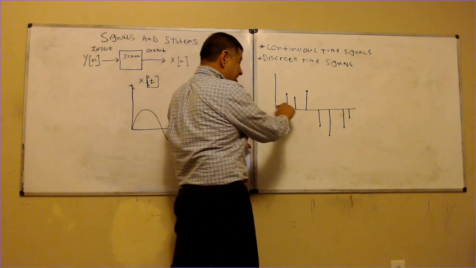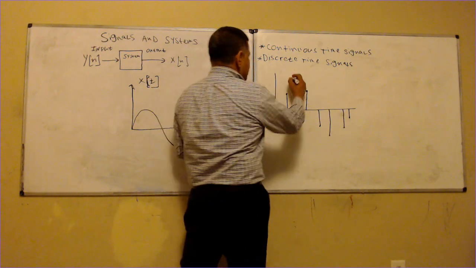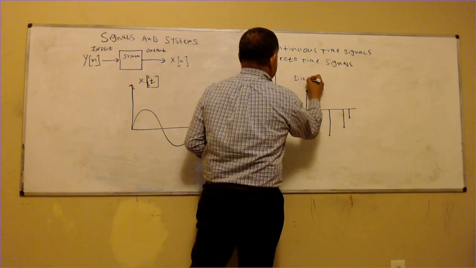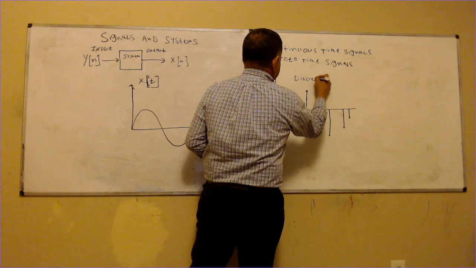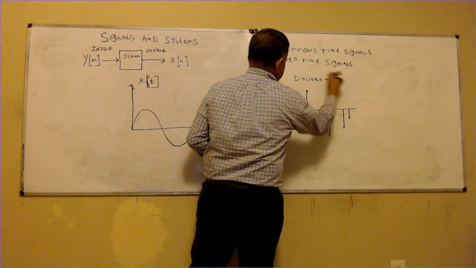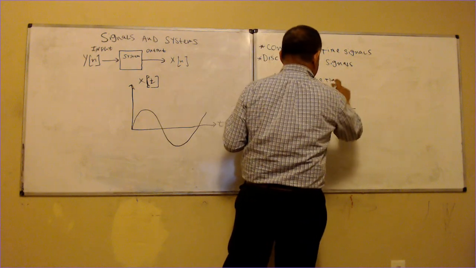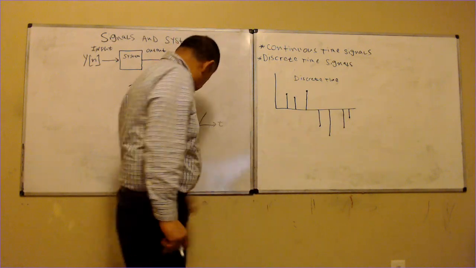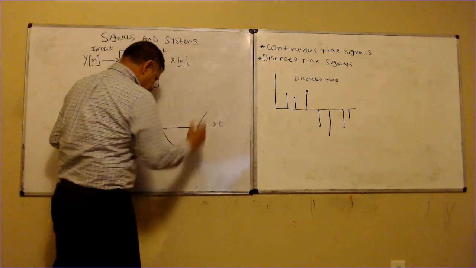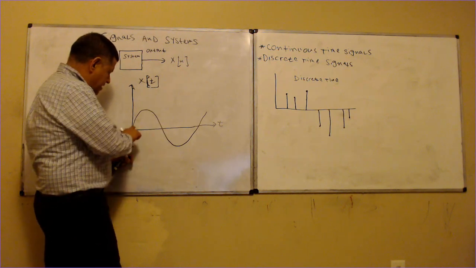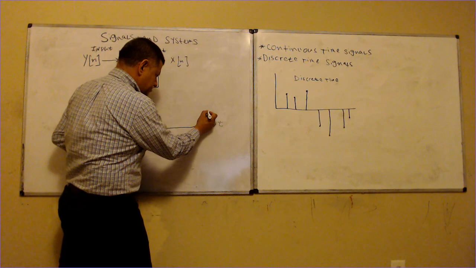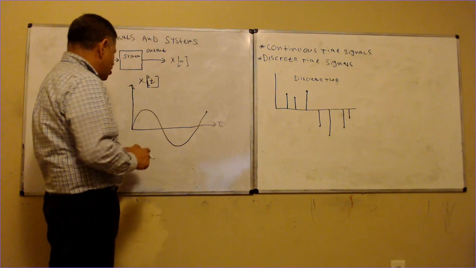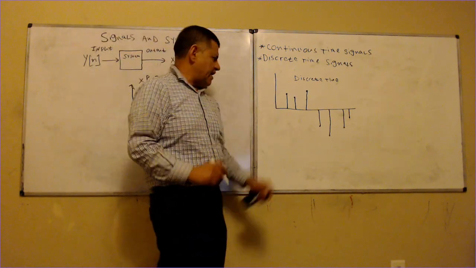Why? Because I've got gaps in between. This is the discrete time signal, right? Computers understand this. I understand this continuous time signal, and also discrete time signal, right?